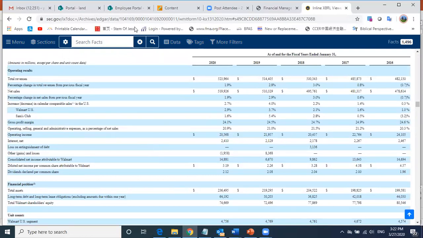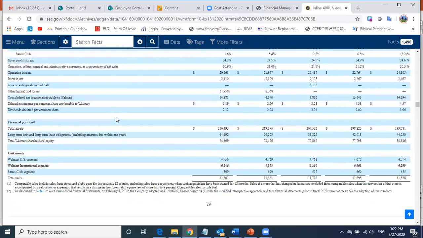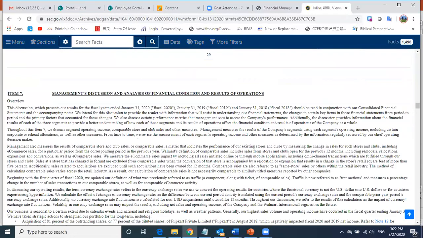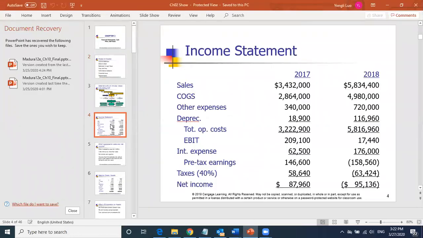And first, what we talk about today is the income statement, and then the balance sheet. So the income statement is a record of the company's revenue and expenses over a period of time.